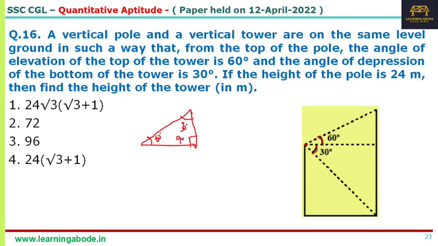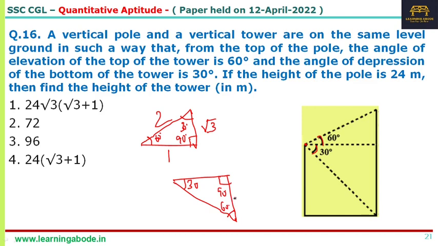So what is the relationship? If this is 1, then this is √3 and this is 2. Okay, so 1:√3:2. That is the relationship, right? Now in that case, let's take this triangle here, where this is 30, this is 90 and this is 60.